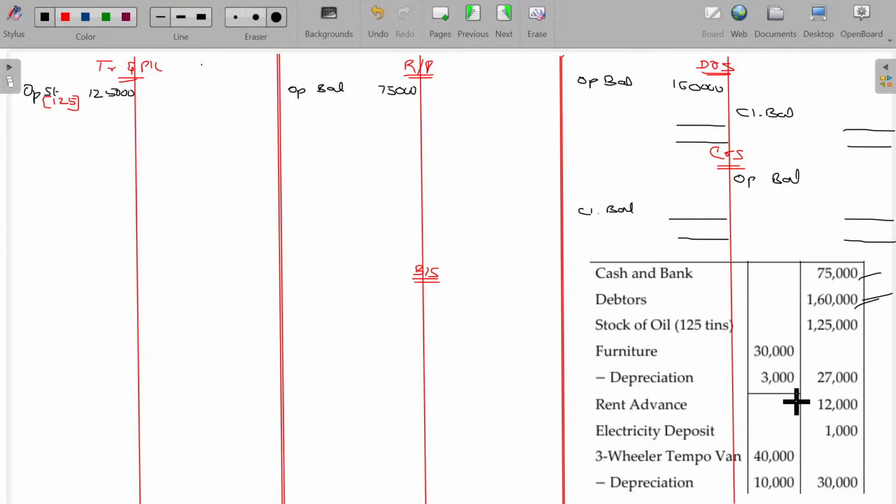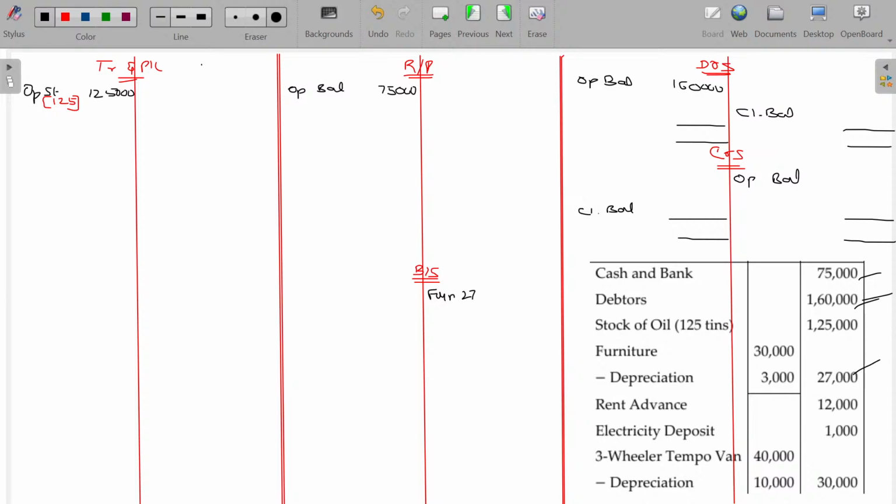Furniture 30, depreciation 3,000. So furniture 27 is the opening value. Maybe 30 is given, meaning if you are supposed to calculate the depreciation under the SLM method, you have to calculate depreciation on 30. If it is the WDV method, you can calculate from the 27.